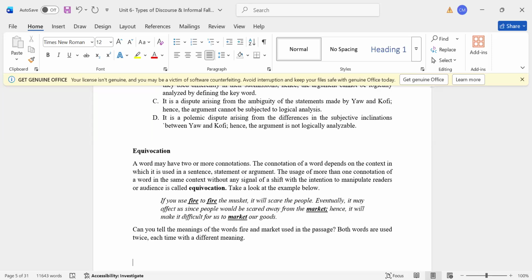An equivocation arises when a writer shifts from one meaning of a word to a different meaning of the same word in the same write-up. When you are writing, they will tell you, do not use one word, noun, verb, in the same sentence twice.